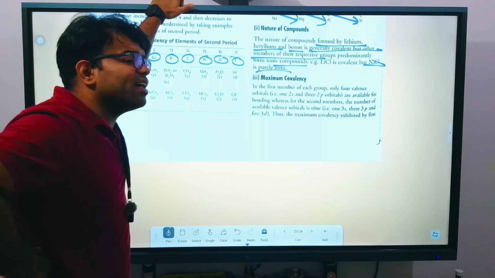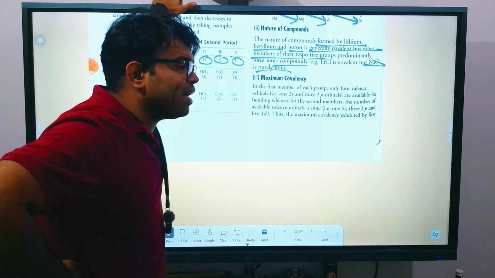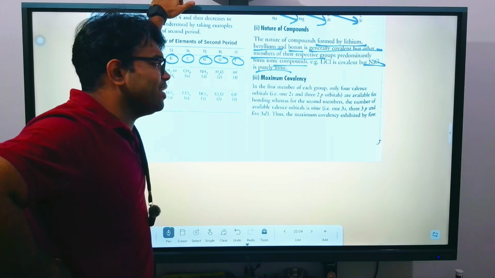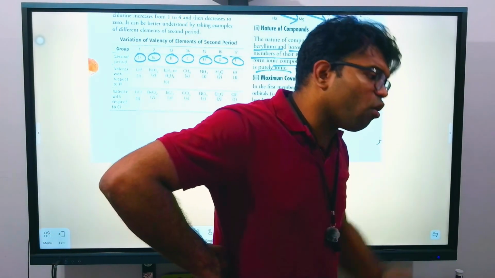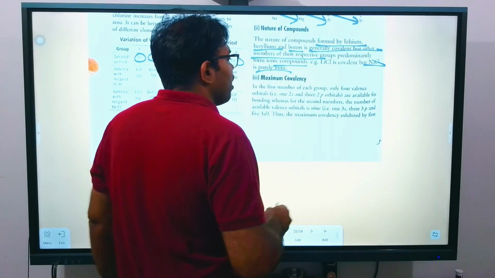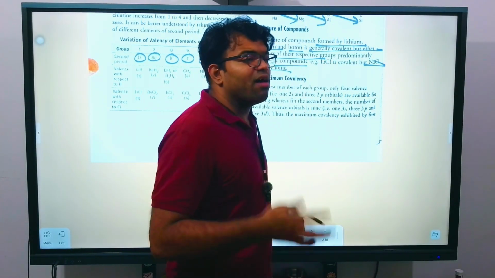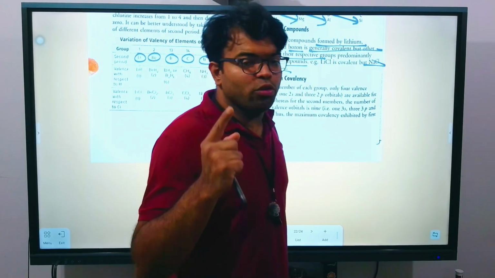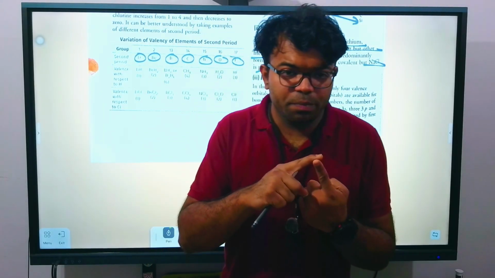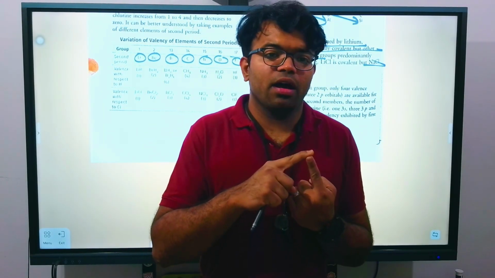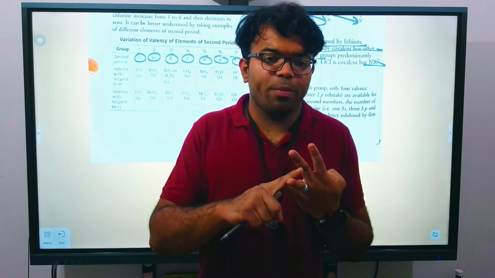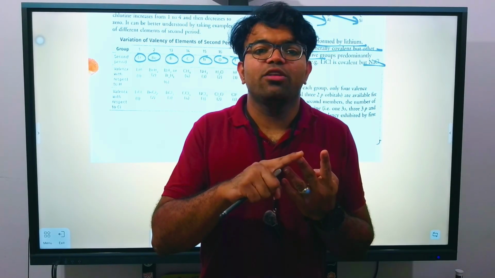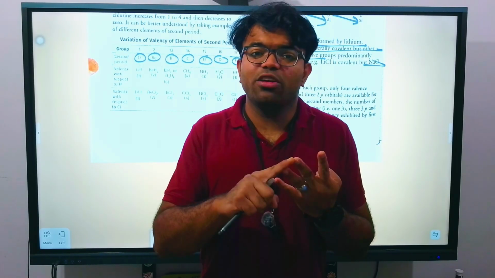So basically, the reason why they're limited in covalency is because they don't have enough orbitals in the outermost shell. The first period will only have one orbital, that is 1s. The second will have 4 orbitals, sorry, 2s and 3 2p's.